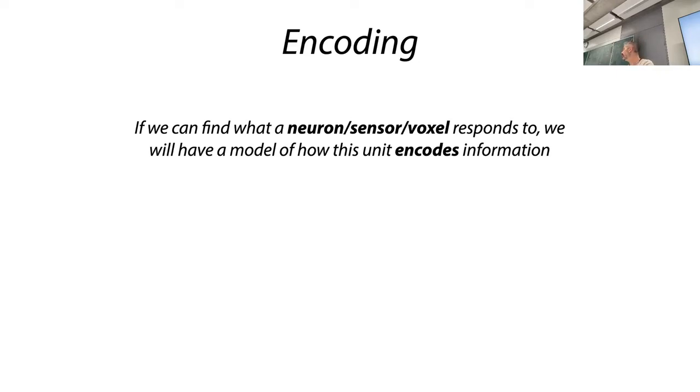Or if we're doing fMRI, we can record from a voxel. So that's a specific location in the brain that we use fMRI to measure the blood flow in. And we think then that the blood flow relates to the neural activation inside that voxel, at that location in the brain.